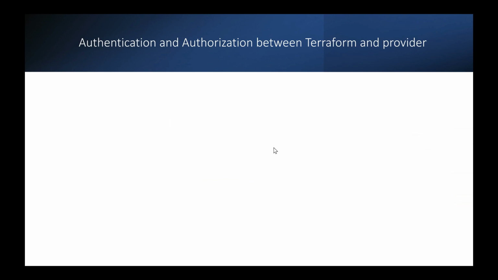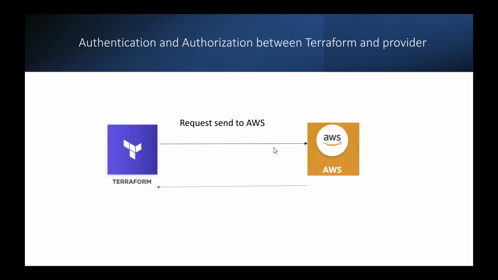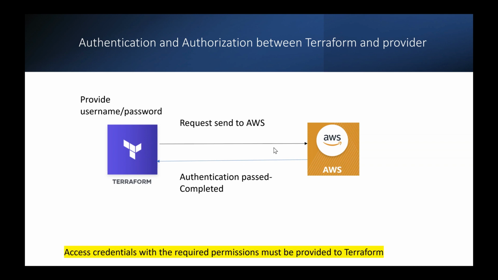delete the resources. So basically, Terraform will send the request to AWS, and AWS passes the request because Terraform will provide a username or password along with the request. Actually, Terraform will provide the secret keys which were generated by AWS in order to authenticate itself as the correct user with the rights to create the request.